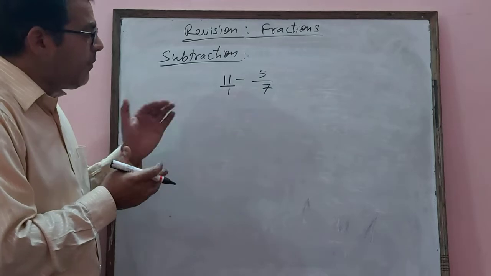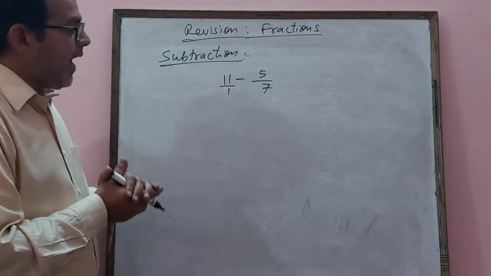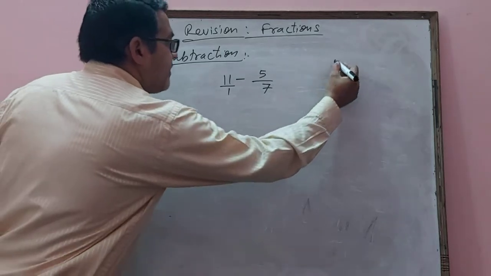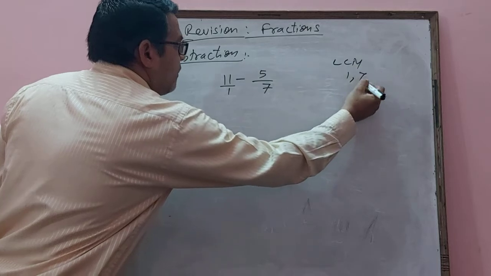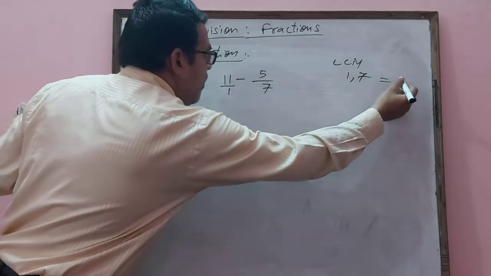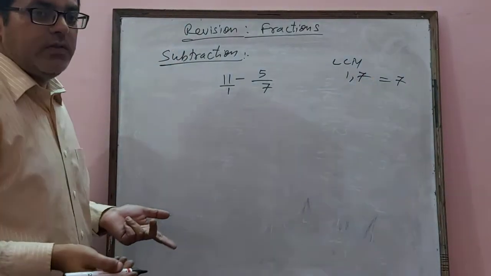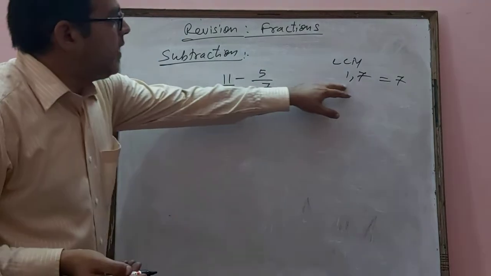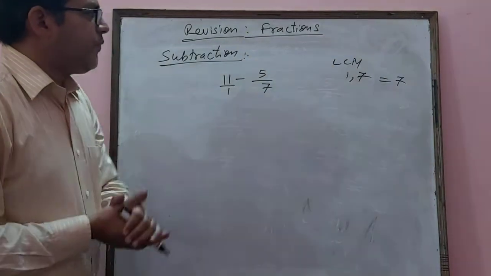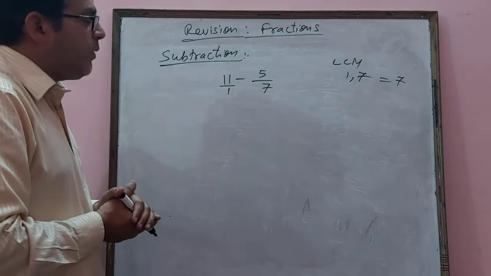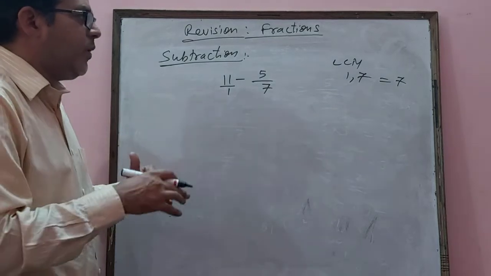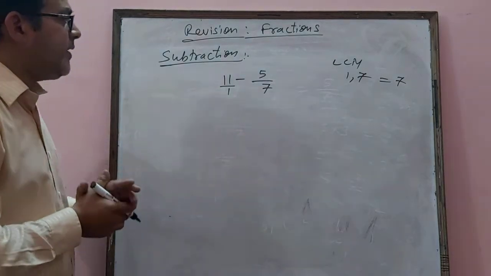Now how can we make denominators same? After taking LCM of 1 and 7. So what is LCM of 1 and 7? 7 only. We know that there is nothing common except 1 between 1 and 7. So their product, 1 into 7, is 7. So 7 is the LCM.